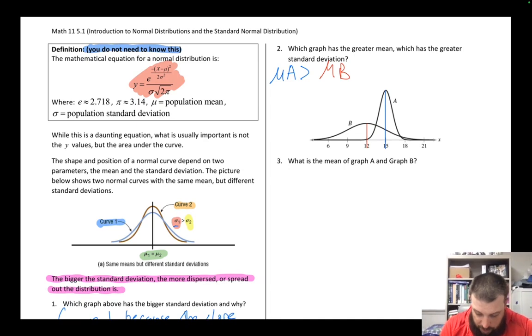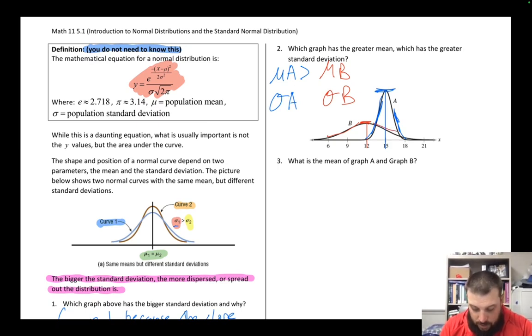Now standard deviation, so now we're looking at the standard deviation of A versus the standard deviation of B. Well, when I look at A, those are pretty steep, and that height is taller than B in relative terms, right? So B is short, and those sides are definitely not as steep.